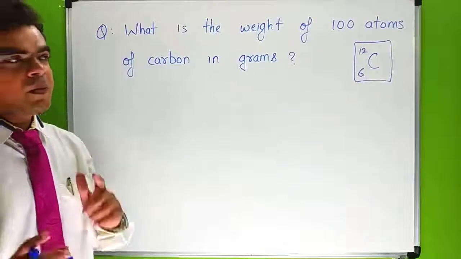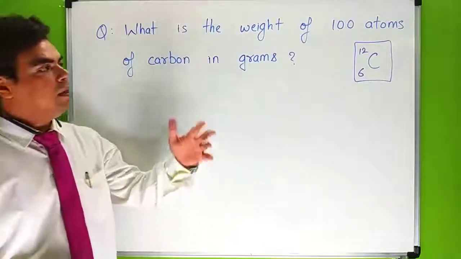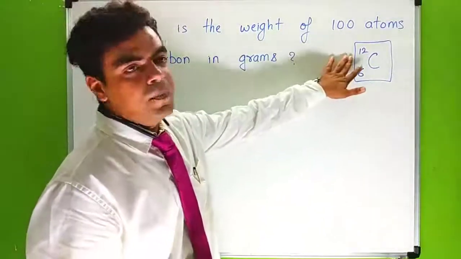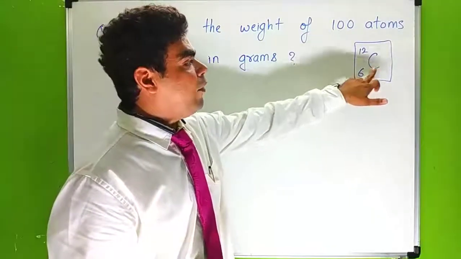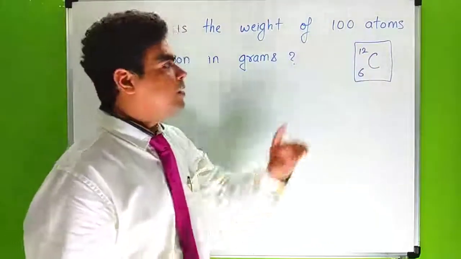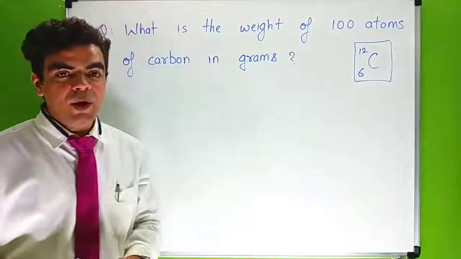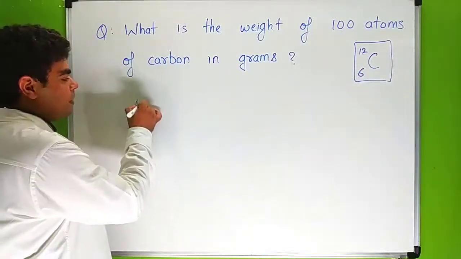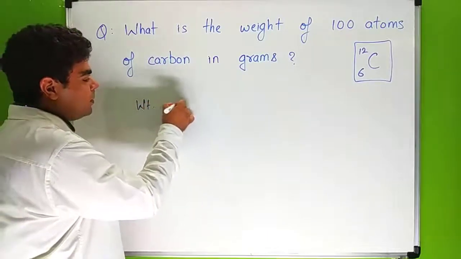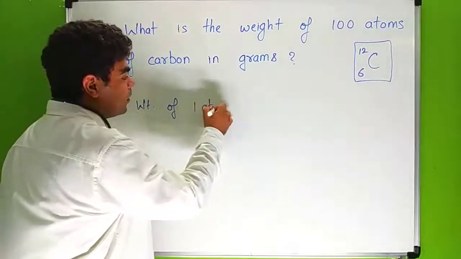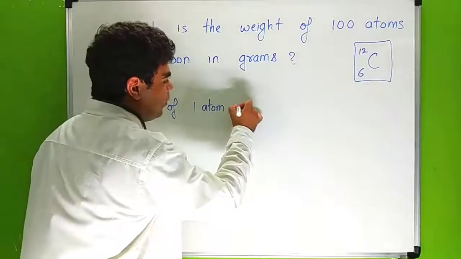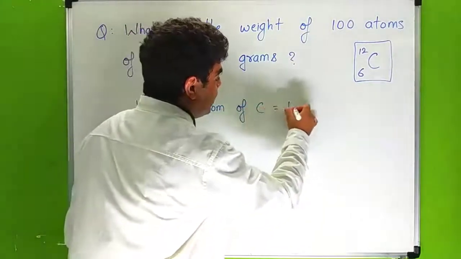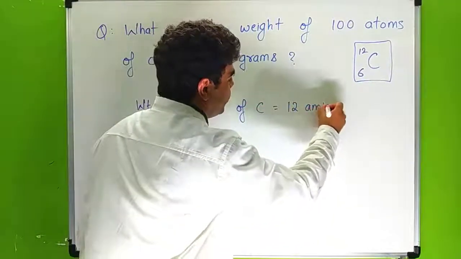Okay, hopefully you must have attempted the question. Basically, looking at this symbol, I can say that weight of one atom of carbon is 12 AMU.